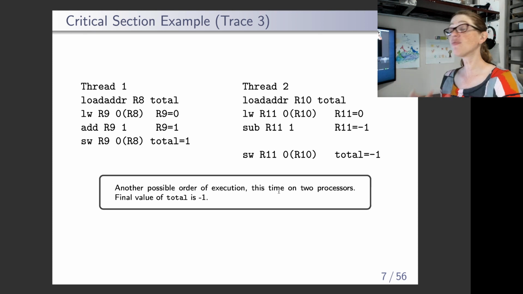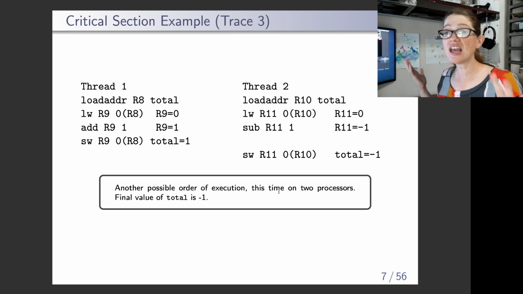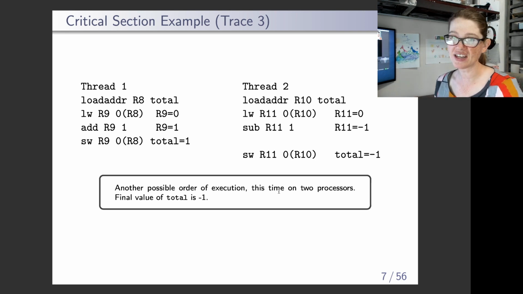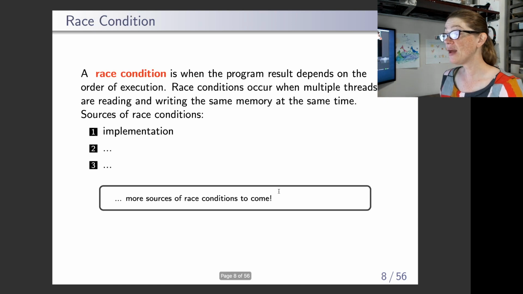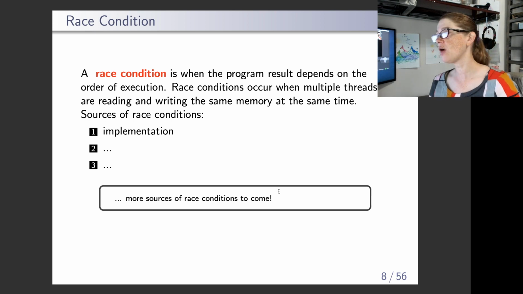And each time I run this on my shell there, we again get a completely different result. There is a name for this. When your program's output, your program's result, depends on the order of thread execution, we say that your program has a race condition. And there are actually 3 different sources of race conditions. We are going to ignore 2 of them for now, and we will come back to them later.